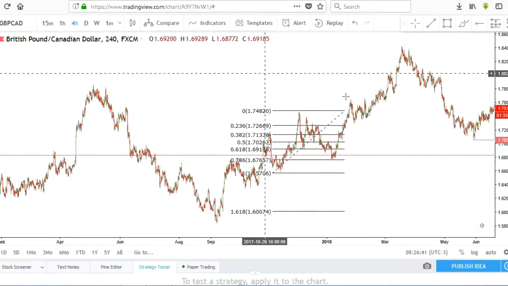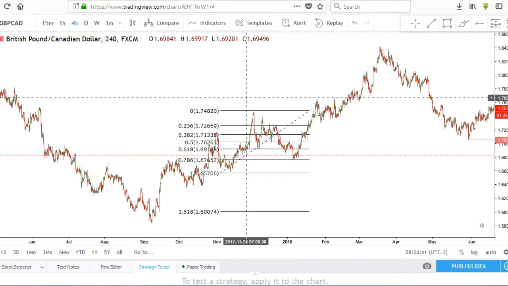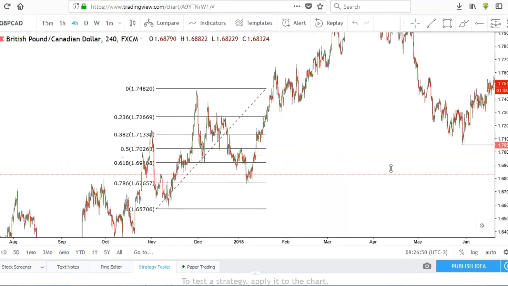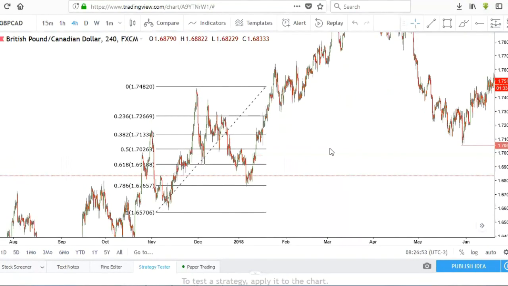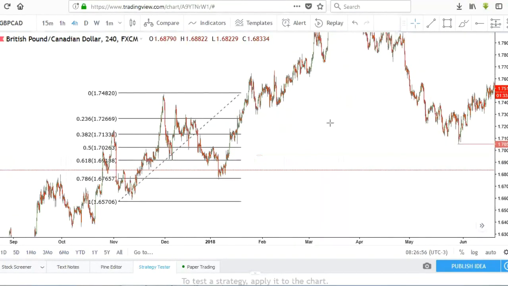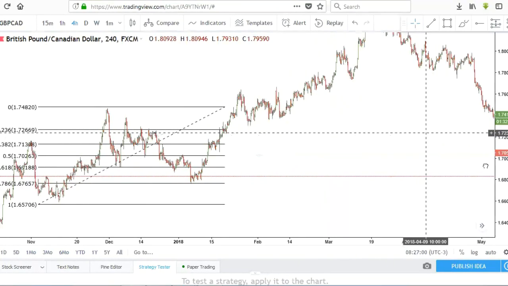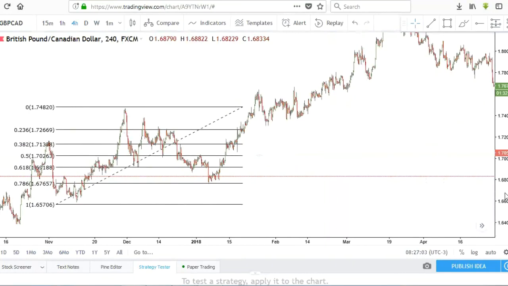Let me zoom in a bit so you get a clearer view of how we capitalize on such, going long on the Fibonacci. This is the 4-hour time frame.